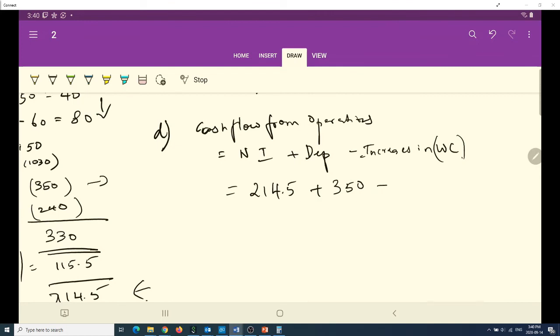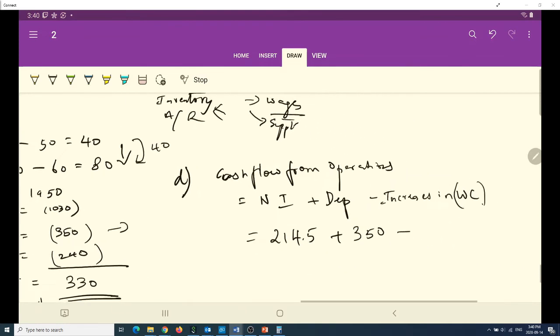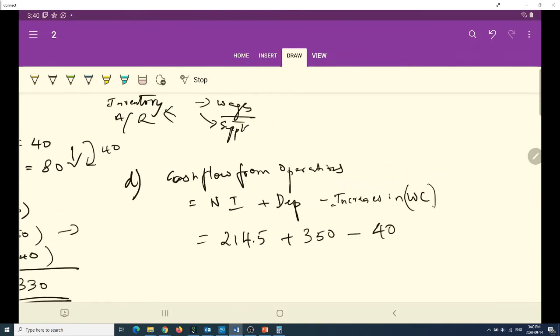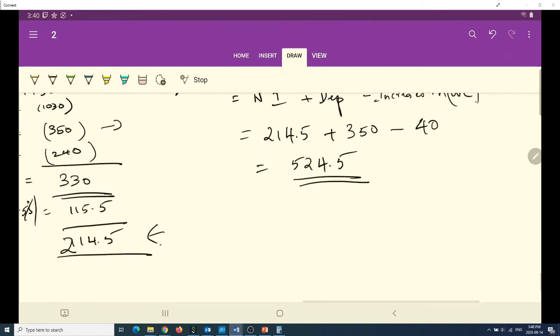And you subtract out increases in working capital. So working capital from 2017 to 2018 increased by 40. You subtract that out, and that's going to give you 24.5. That's part D now.